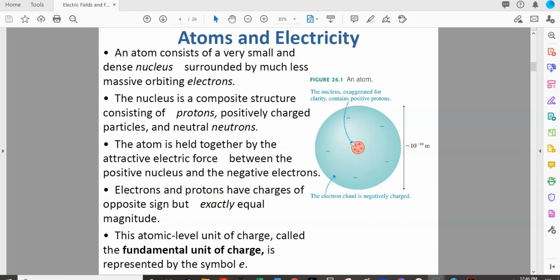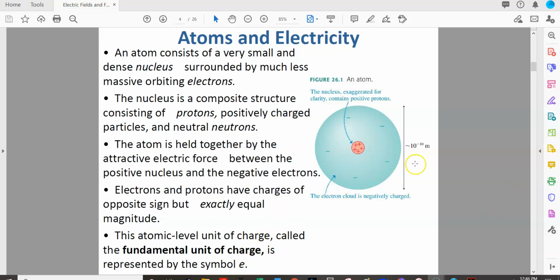In order for them to remain together, they have to be attracted to each other. The fundamental unit of charge for both protons and electrons is the symbol e.